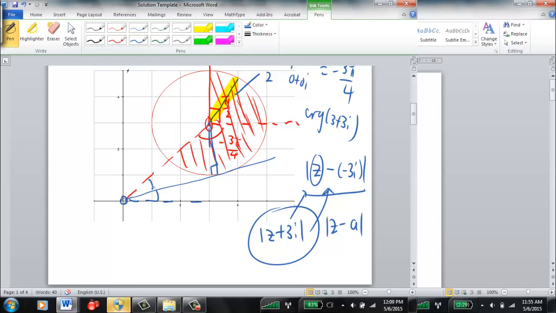Let's call this whole thing alpha and the small one theta. We found out that this dotted red part here is actually root 18 from earlier. We know that the radius of the circle is actually 2.